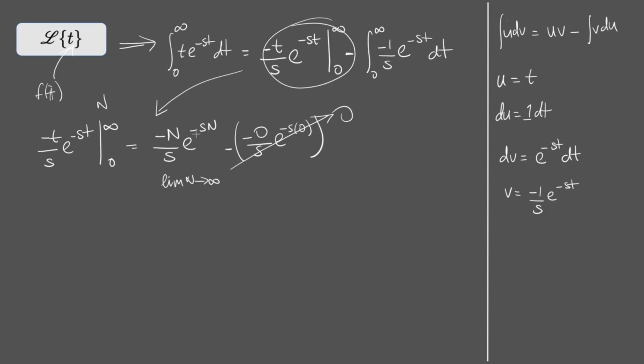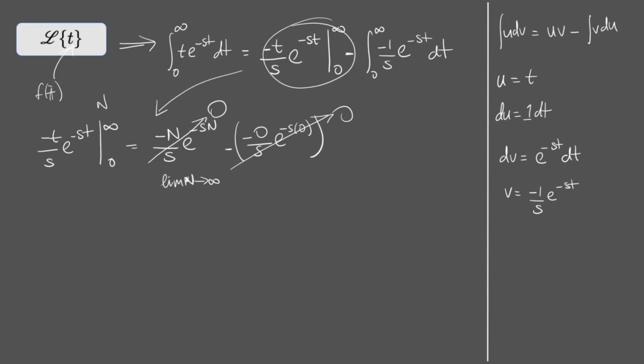For this part, you have minus n over s e to the minus sn. We're using n as a placeholder since n is going to infinity. It's the same thing mathematically. What's going to happen is that e to the minus sn is going to decay much, much faster than n grows. So this whole part is also going to tend to 0. We're taking the limit as n tends to infinity of minus n over s e to the minus sn.